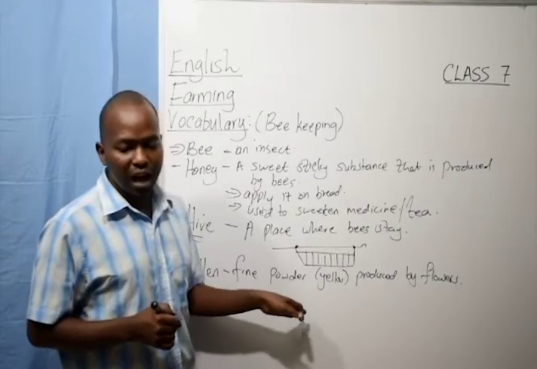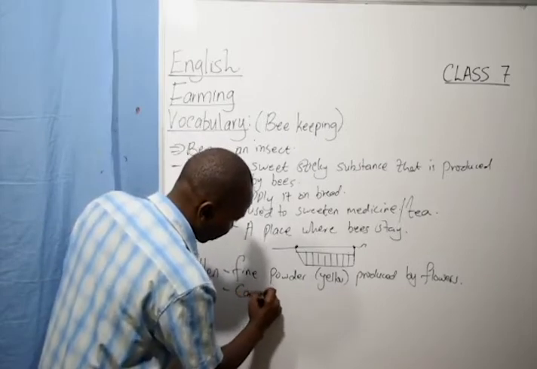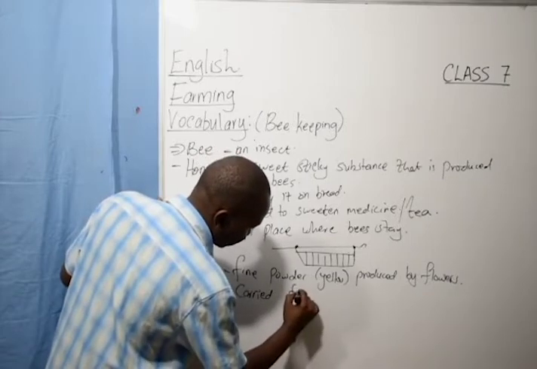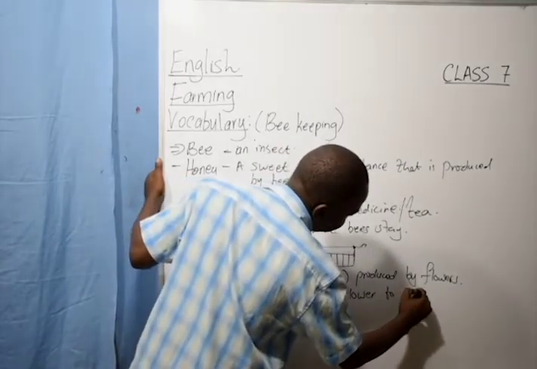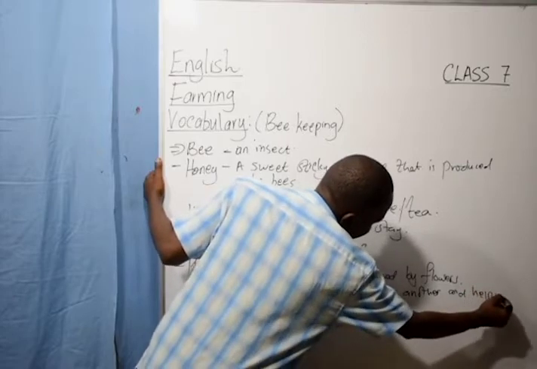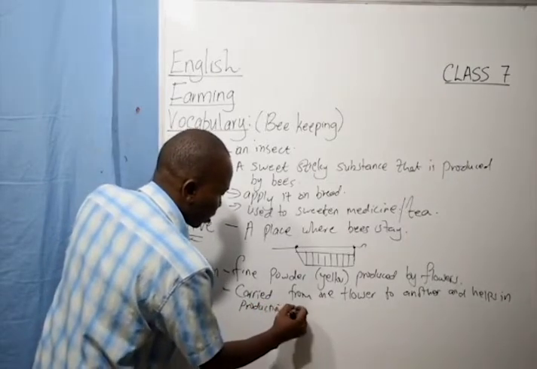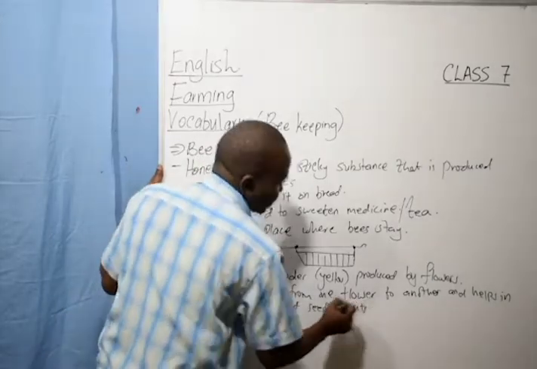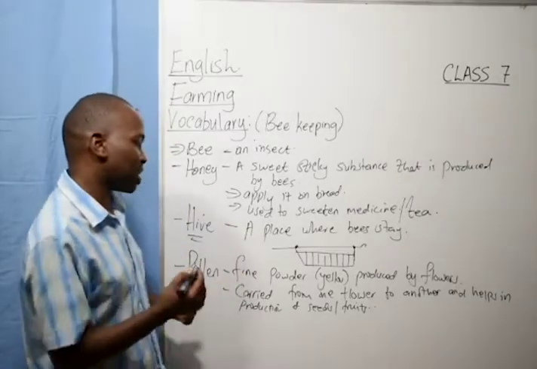And how is this pollen used? It is usually carried from one flower to another, and helps in the production of seeds and fruits, so that the tree and the fruit, we can always have a cycle in it.